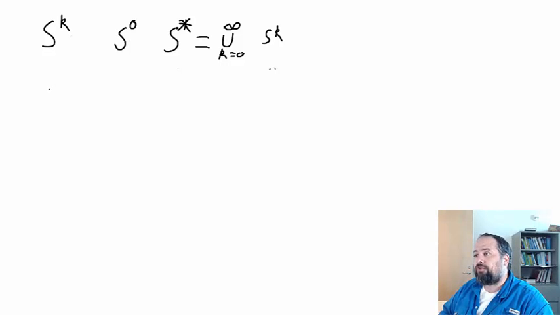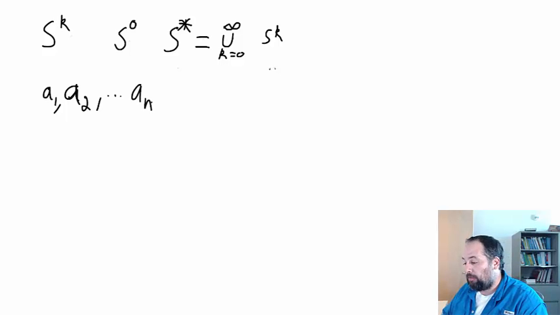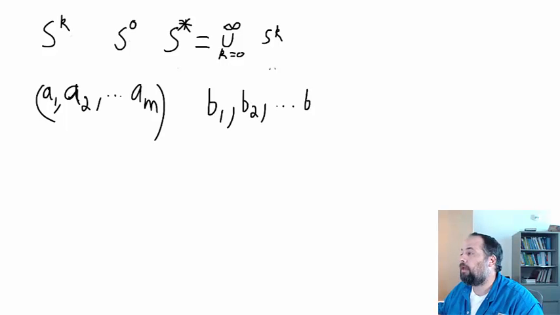Now let's say we have two strings, A and B. So we're going to define A as A1, A2, all the way down to A sub M. And we're going to define a tuple or string B, which is going to have B sub 1, B sub 2, all the way down to B sub N, right?